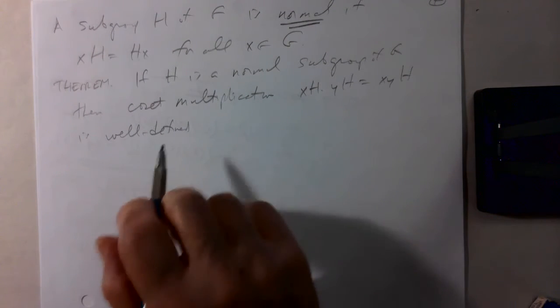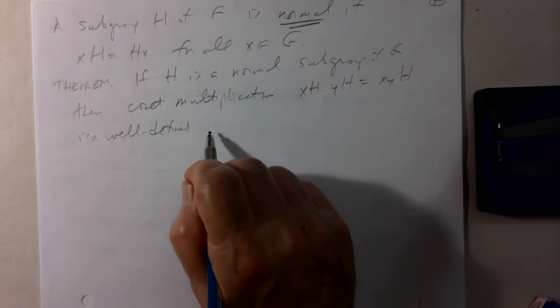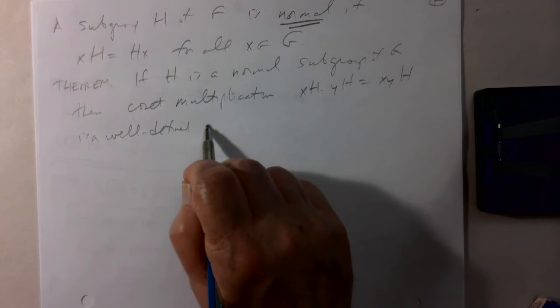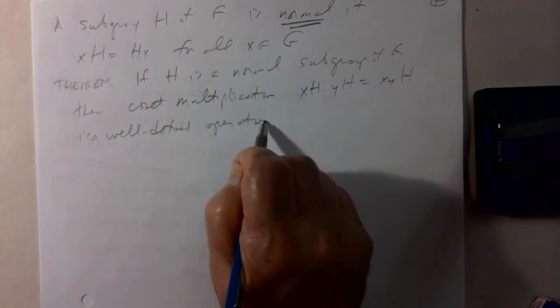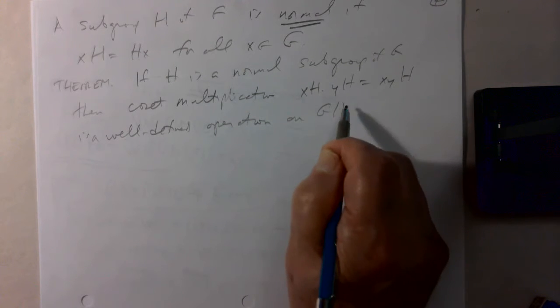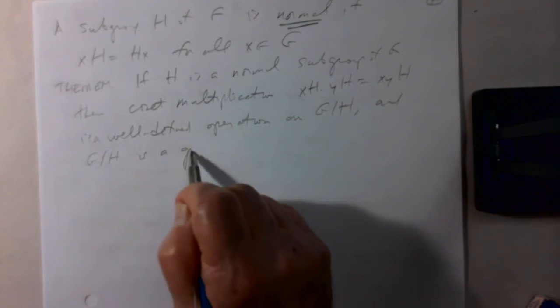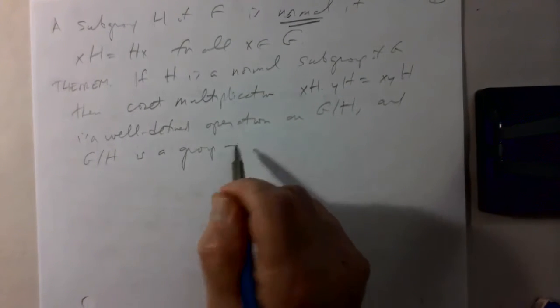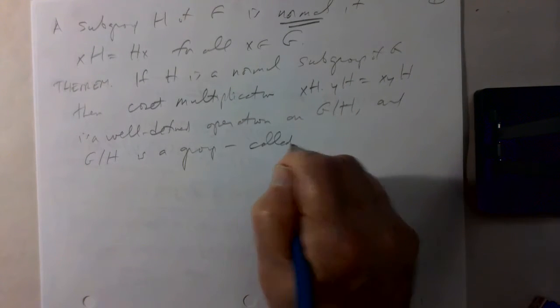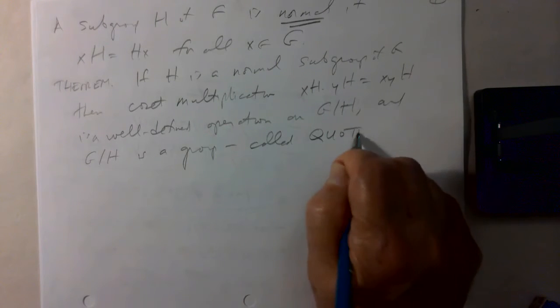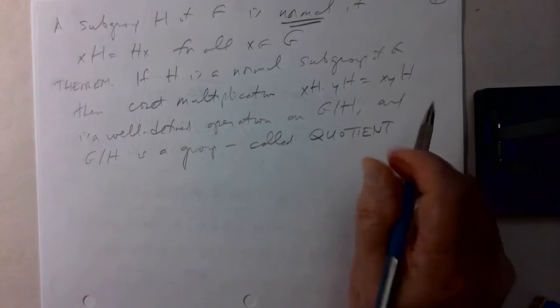It's a well-defined binary operation on the set of left cosets, and G mod H is a group with this multiplication, which is called the quotient group.